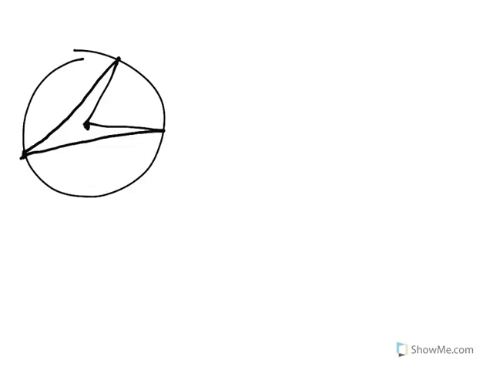So there are a few relationships formed between these two angles. An inscribed angle is always going to be half the measure of the central angle. Or if you are given the inscribed angle, you can just multiply it by 2 in order to get the central angle.